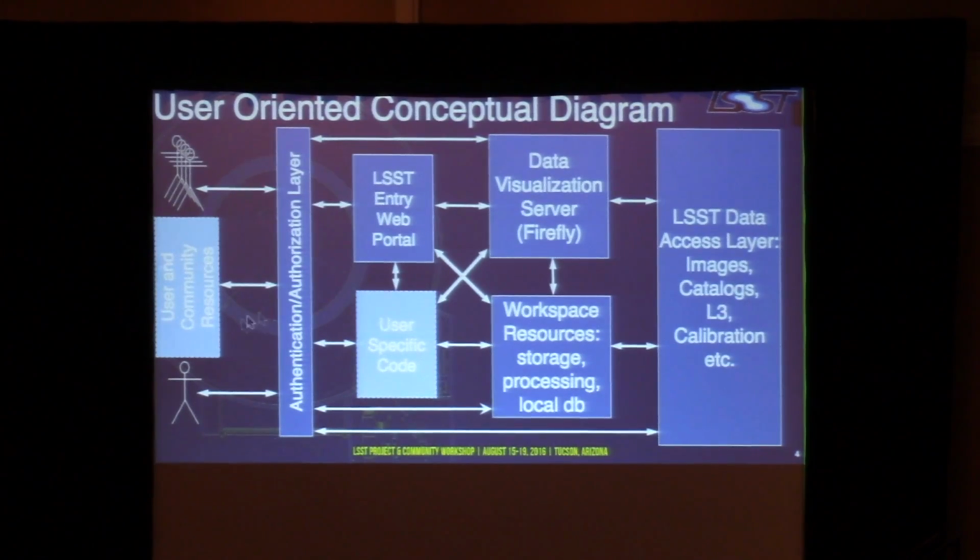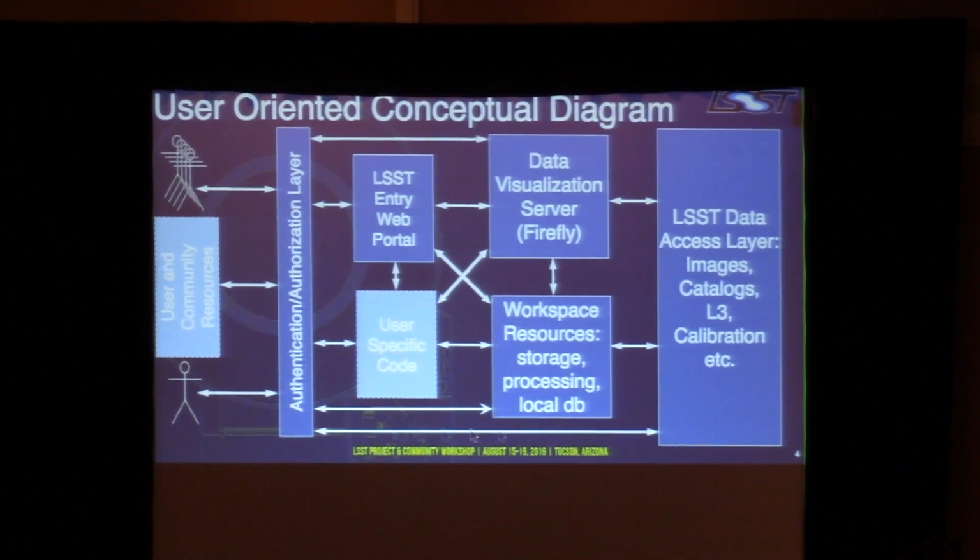Okay. All right. So the idea here is that, behind some authorization layer, the LSST data will be available through some data access layer. This will be the images and the catalogs, and all the calibration data, all of the engineering data, all the alert databases, all of the tables, all of the products that the project is producing will be available in some form here.